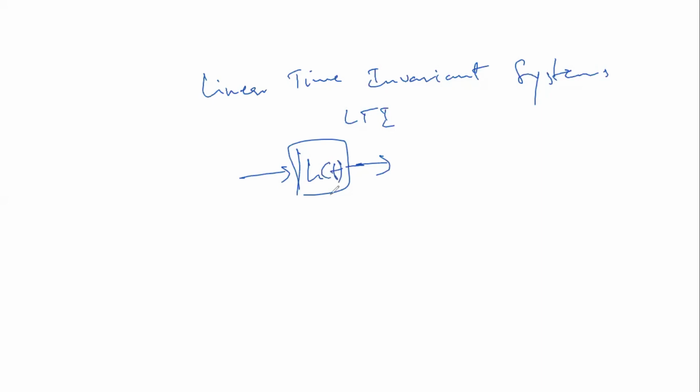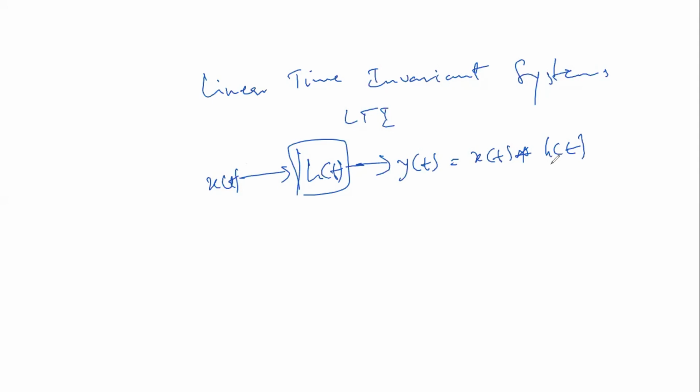So we characterize this by h(t), then this is s(t), the input, then this is y(t), which is s(t) convolved with h(t). And this led us to another dimension of analysis.